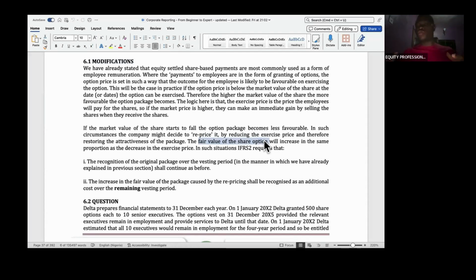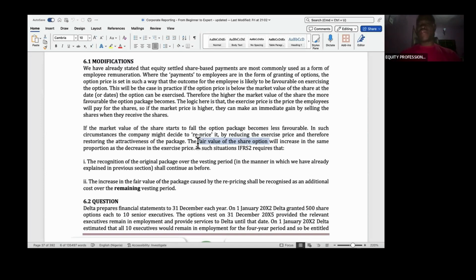The fair value of the option will increase. And this is the only part that will affect our calculation we have been doing so far. Remember, when we were dealing with equity settled, we usually measure those options at the fair value of the option.